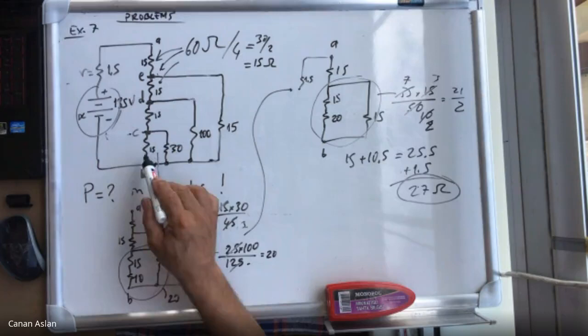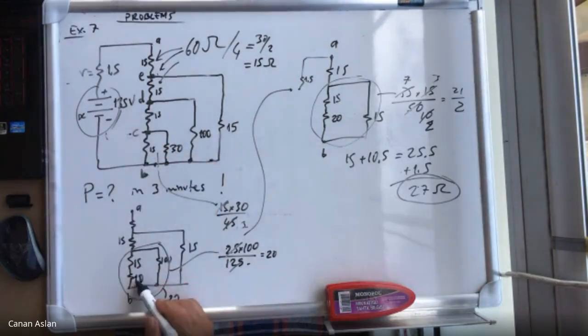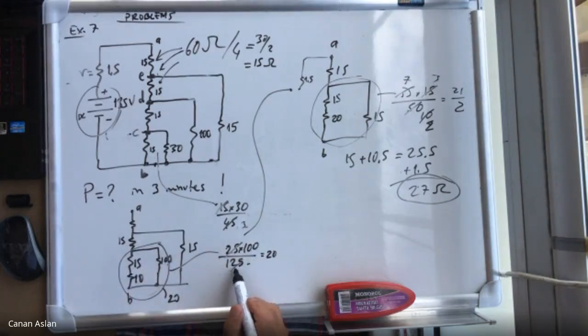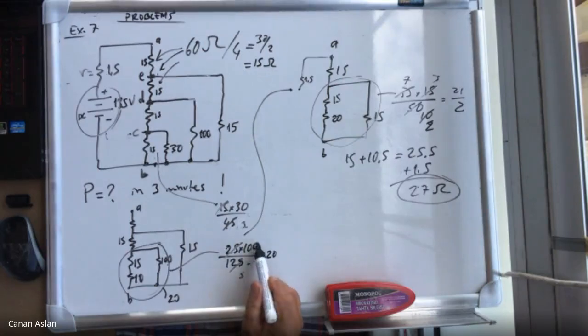So this is 10, right? 10 is connected to 15, which is 25. Now connected to 100. 25 times 100 divided by the sum, which is 125. Now how many times is 25 in 125? 5 times. So 100 divided by 5 gives you 20, exactly.